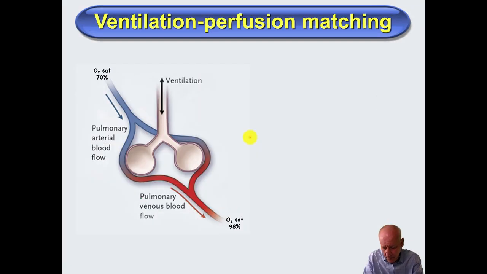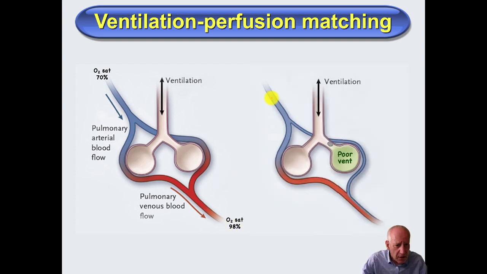Let's look at an example. Here we see deoxygenated blood, 70% saturation, perfusing two well-ventilated alveoli. As the blood passes by these well-ventilated alveoli, it loads up with oxygen to near saturation, 98%. This is the normal situation in the lung. Here we see deoxygenated blood passing by one well-ventilated alveolus and a poorly ventilated alveolus.